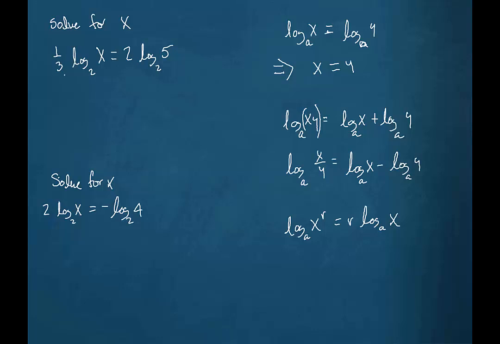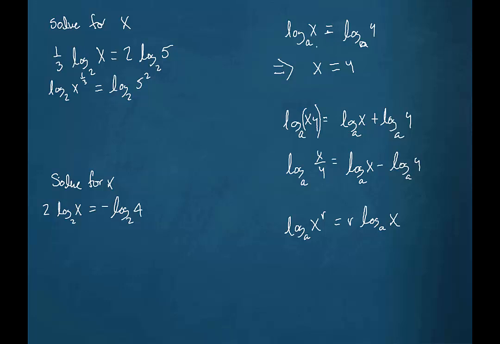I have 1/3 times the log equal to 2 times the log. Well, I might be able to take care of that using this property here. I've got this thing multiplied down here that could go up into the exponent. So we could write this as log base 2 of x to the 1/3 equal to log base 2 of 5 squared.